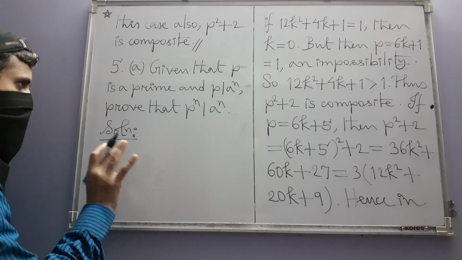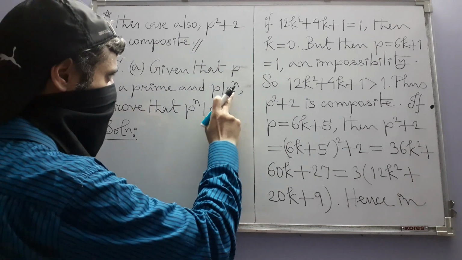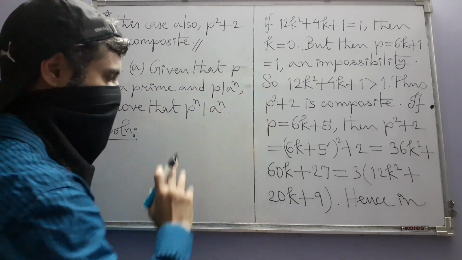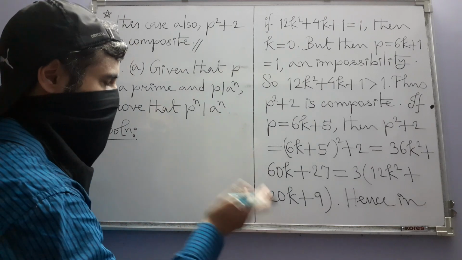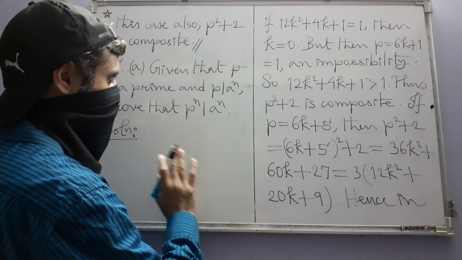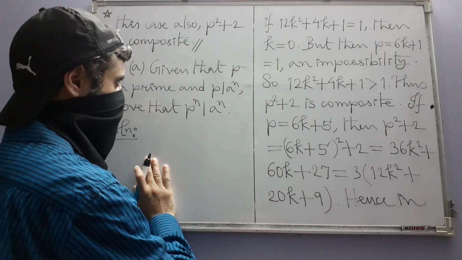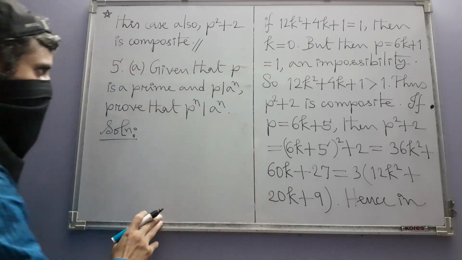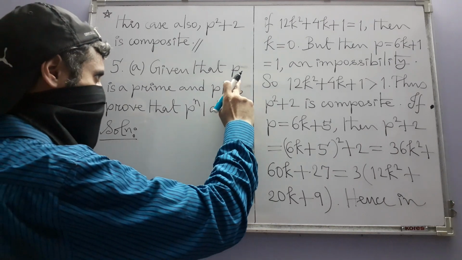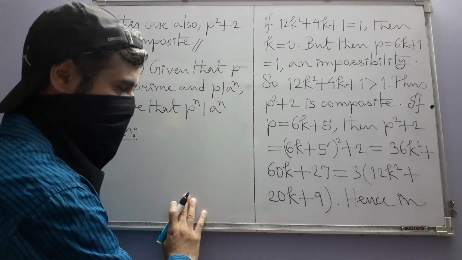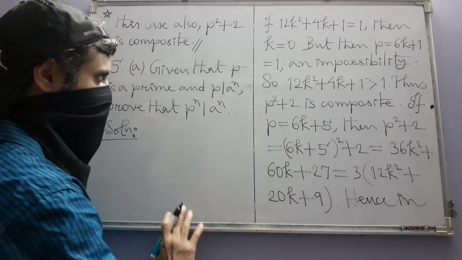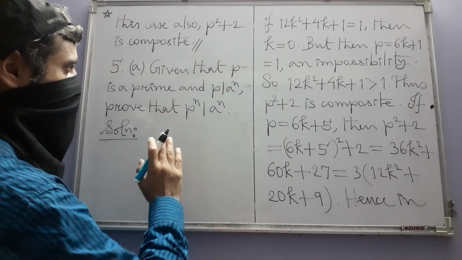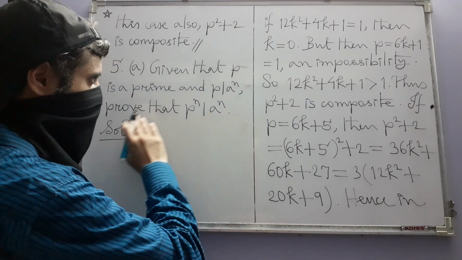Okay, now there are some things. Nothing has been said about what a and n are, but of course they are integers, and we can consider them to be positive integers, because if you take n to be 0, then it does not make sense.